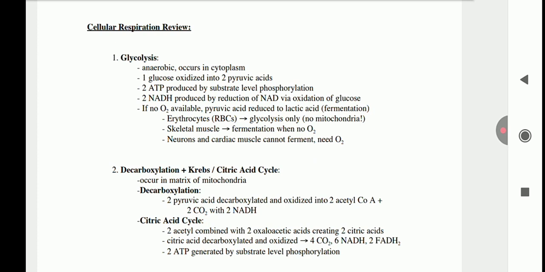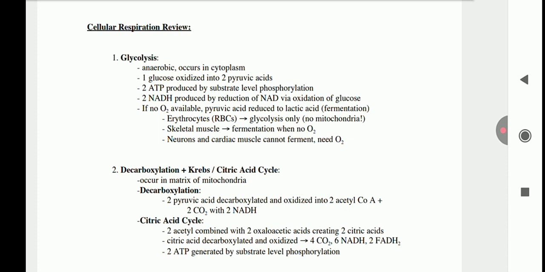Second, decarboxylation plus the citric acid cycle. The citric acid cycle occurs in the matrix of the mitochondria. Decarboxylation: 2 pyruvic acid are decarboxylated and oxidized into 2 acetyl coenzyme A plus 2 CO2 with 2 NADH.